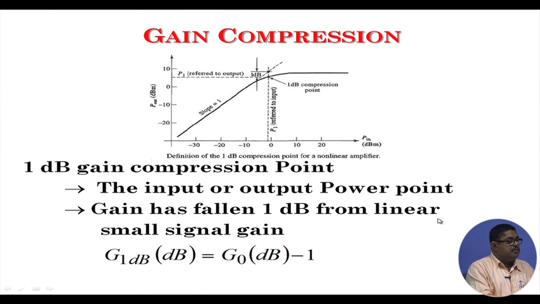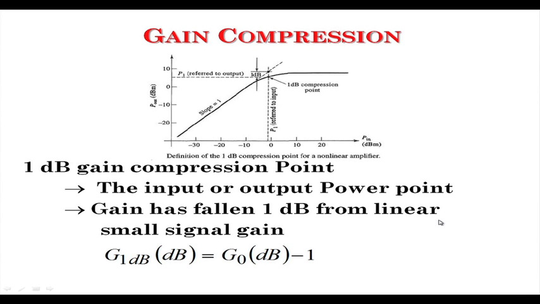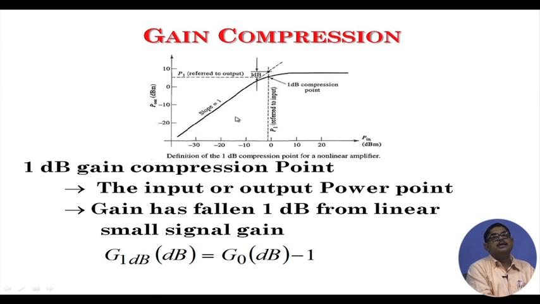Now, let us first see what is gain compression. We know that in a linear system, if we plot the power transfer characteristic of any 2-port network, particularly an amplifier, let us say in the x axis we put input power in dBm, and in the y axis we put output power in dBm.